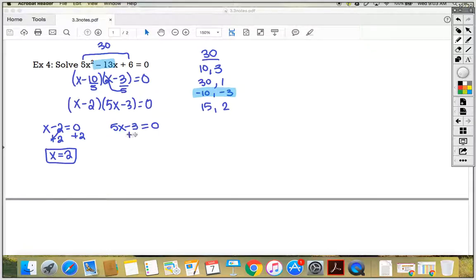This one, I'm going to add 3 first. Bring 5x down, 0 plus 3 is 3, and then we have to divide by 5. So you can just leave it as a fraction, x equals 3 over 5. Okay, that is solving by factoring.